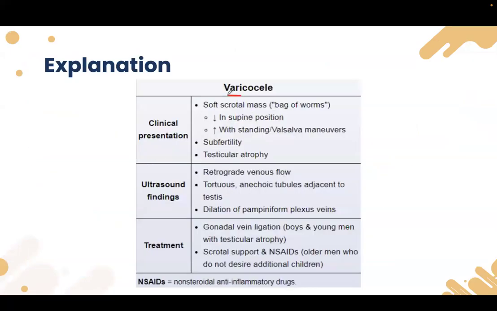So varicocele is a condition where the testicles are connected to the pampiniform plexus of veins, which are found in the scrotum.